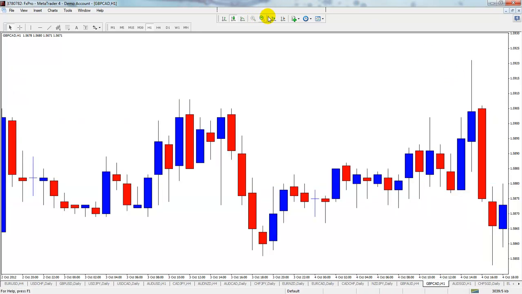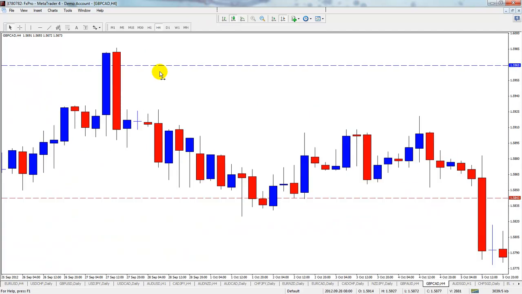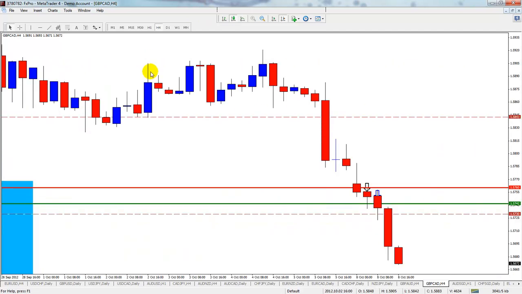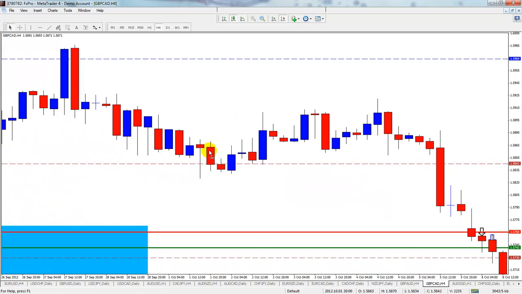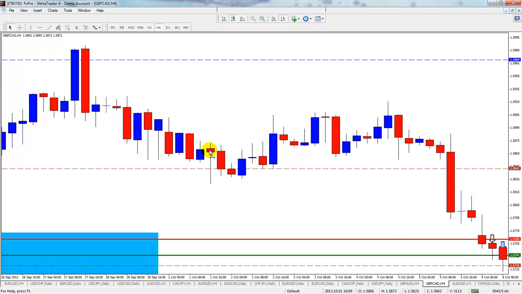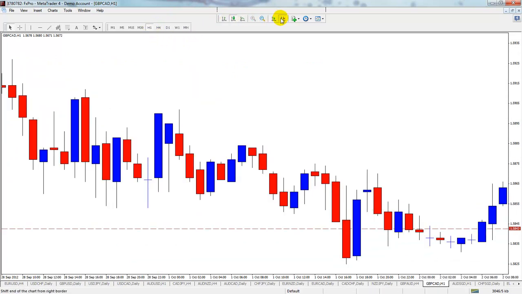The important things to remember here: first, you need to define your overall market direction with the 4 hour chart. We can see that the market direction when the trade was taken was down, based on these big candles. Secondly, you can go counter trend, you just have to be very, very careful.